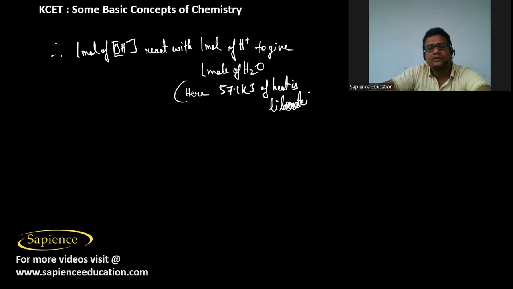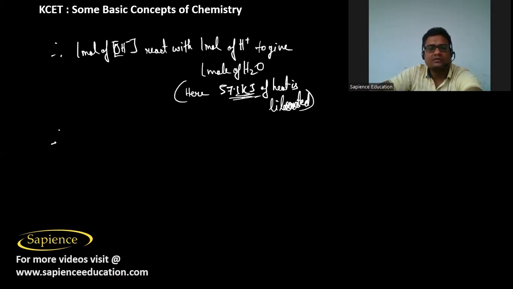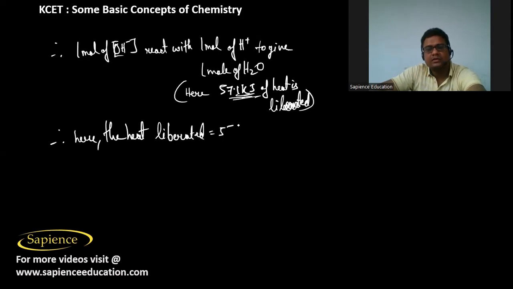Since by the enthalpy of neutralization, the heat that is evolved per mole is 57.1 kilojoule. Therefore, here 0.01 mole is reacted. So the heat that is liberated will be equal to 57.1 into 0.01 kilojoule.